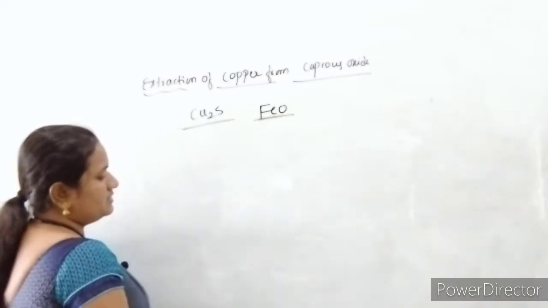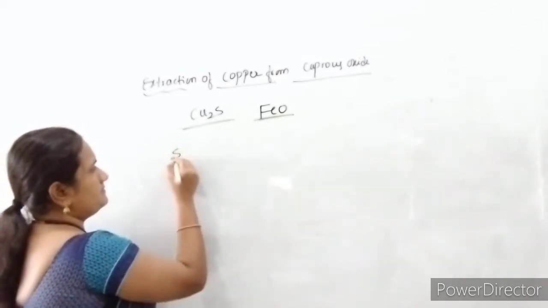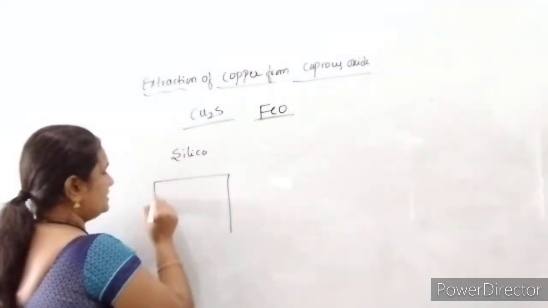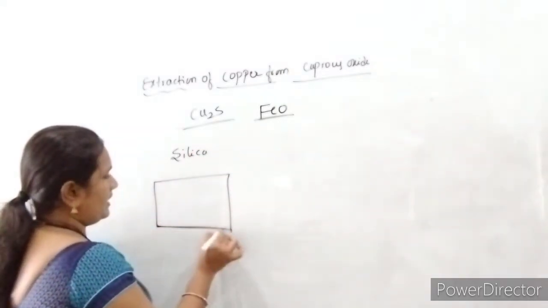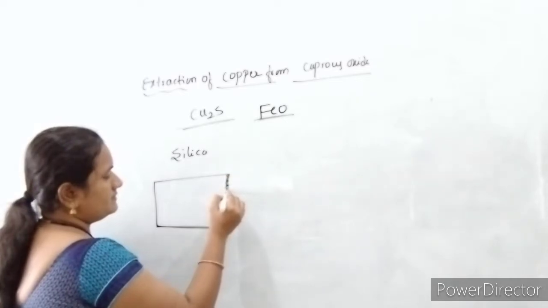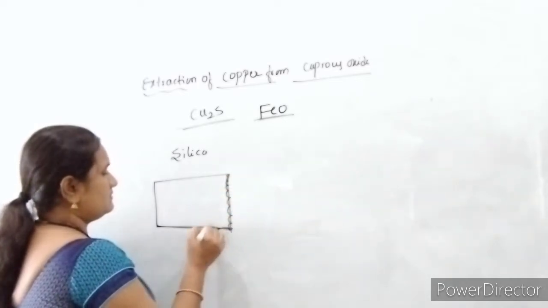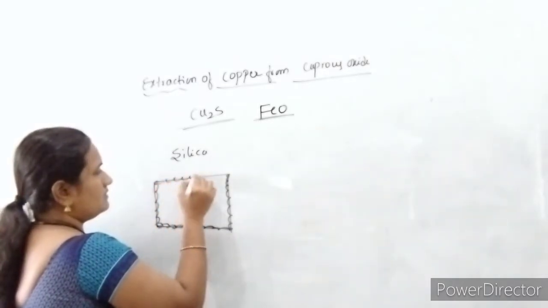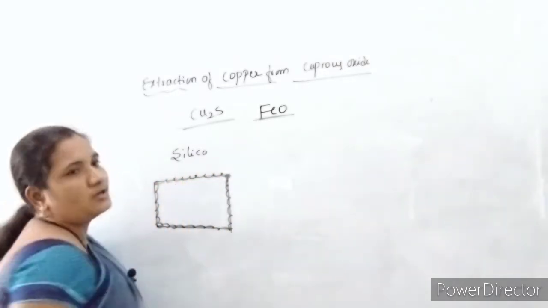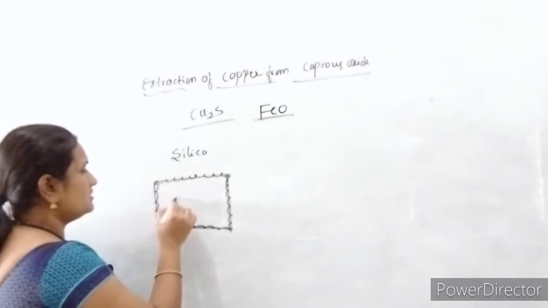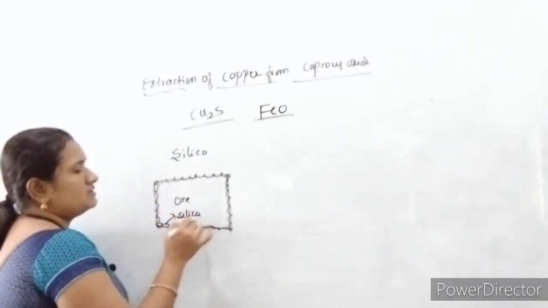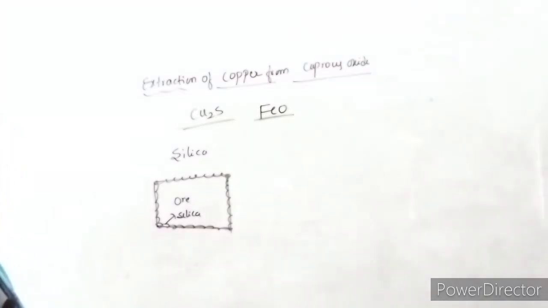As a result, in the reverberatory furnace we have to mix the ore with silica. We add silica to the copper sulfide ore and supply continuous air, which means we heat it here.